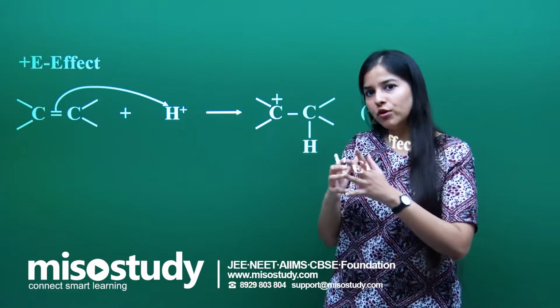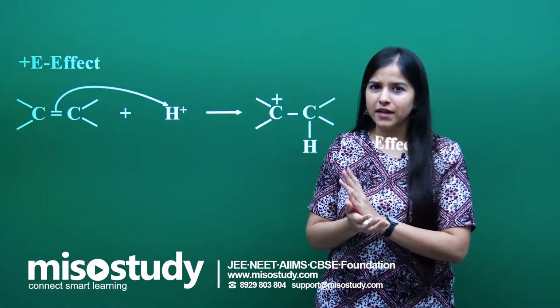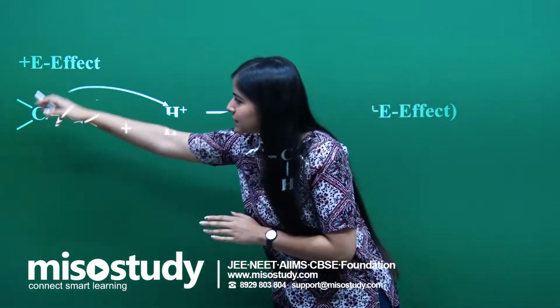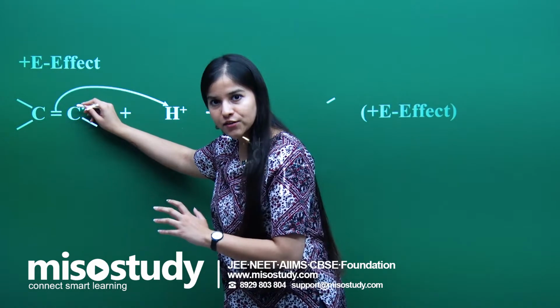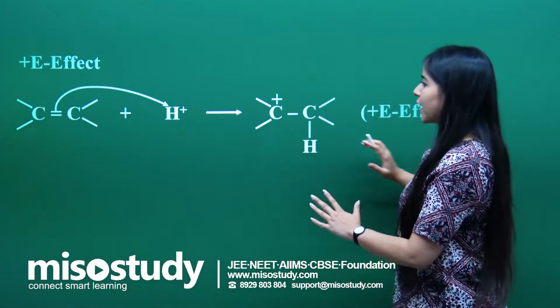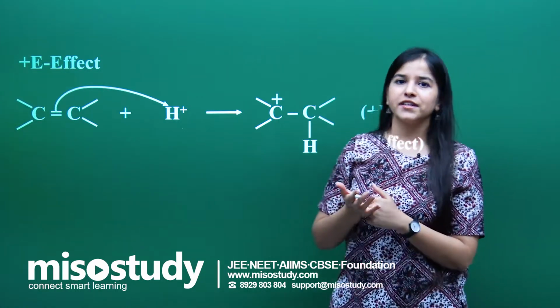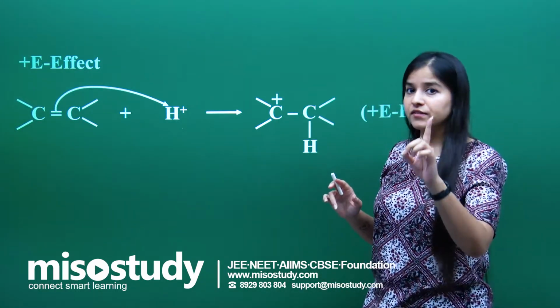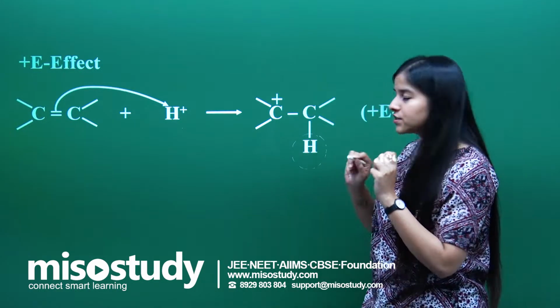The pi electron cloud will try to shift onto one of the carbon atoms. Since it is symmetrical, it can shift either to the left side or the right side. Now one carbon will have a positive charge and the other will have a negative charge, and the negatively charged carbon is the one where the H gets attached.